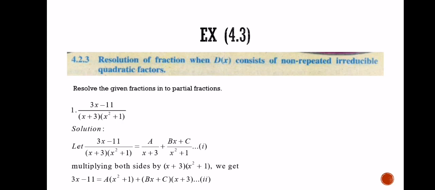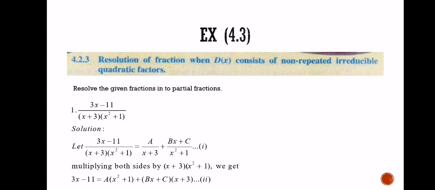Resolve the given fraction into its partial fractions. The fraction given to us is 3x minus 11 whole divided by x plus 3 into x square plus 1. You can easily observe that one factor is linear and the other one is quadratic, since the quadratic is related to the power of x only.